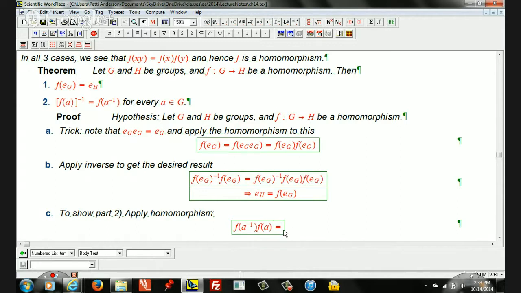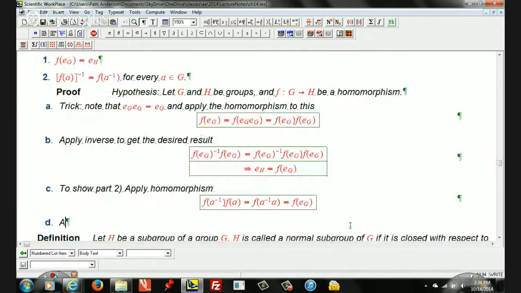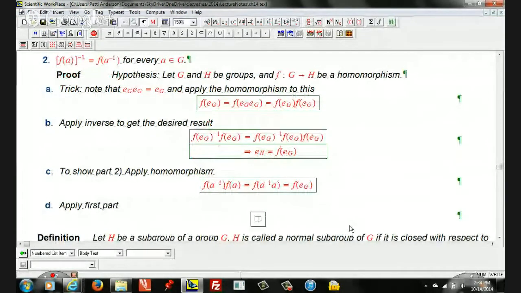So you're going to get F of a inverse a, but what is a inverse a? And that's in G. So then apply part one. To have on this side over here, F of E sub G has to be equal to, oh, it just went away. It's E sub H, right? So you have this first part has to be equal to E sub H.